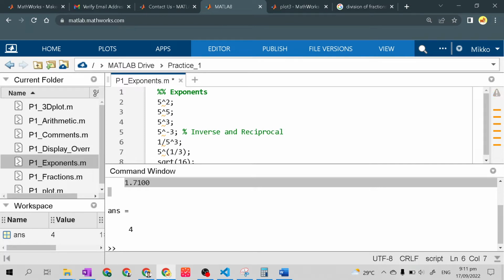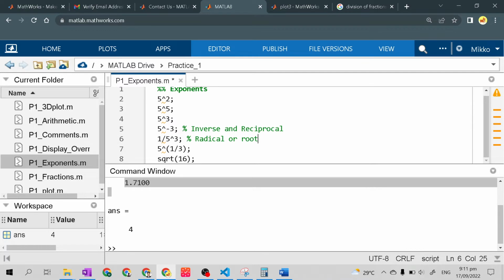This is the radical or root. Oh, this is not the radical or root. This is the inverse and reciprocal. This is the radical or root, for square root.